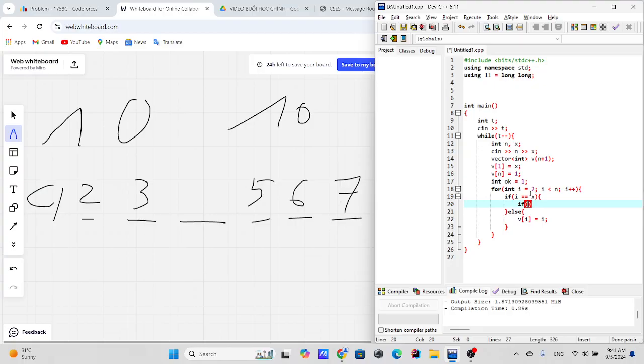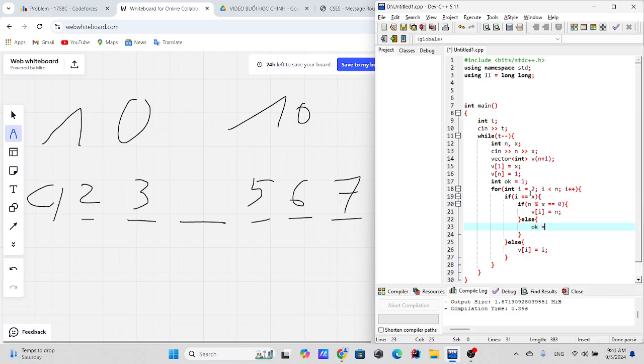If n divided by x is equal to 0, then Ve will be n. Else what? Else Ve will be 0 and break, right?